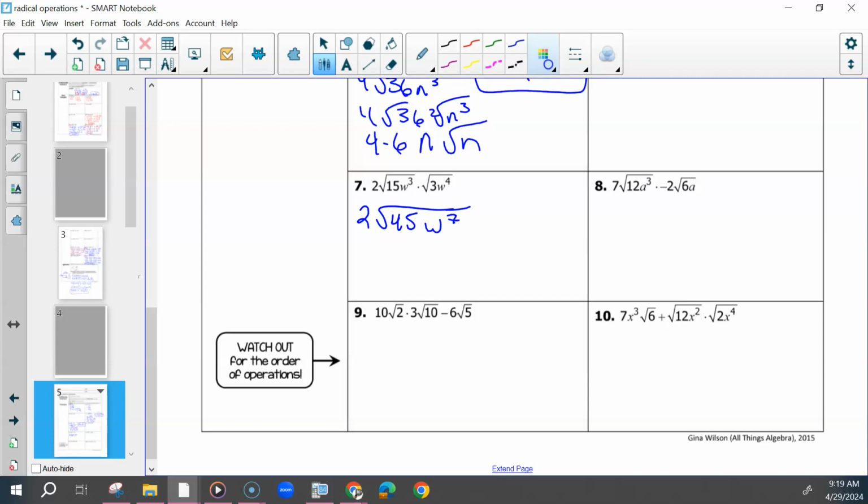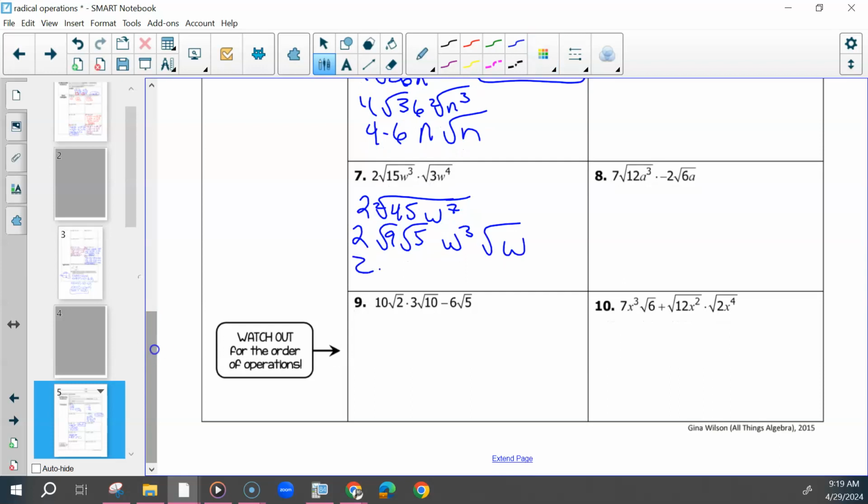And then, if I'm simplifying each piece, what is the highest perfect square that goes into 45? 9 and 5. And 2 goes into 7 how many times? 3. So that would be w to the 3rd with how much left over? 1.